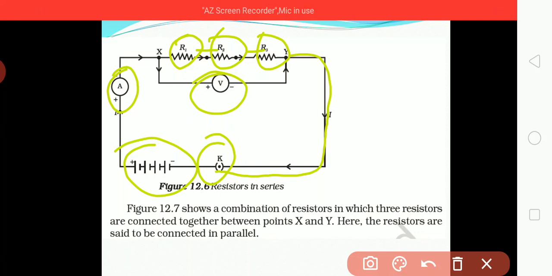The figure shows a combination of resistors in which three resistors are connected together between points X and Y. Here it is X and here it is Y, and they are connected in between them. Here the resistors are said to be connected in parallel.